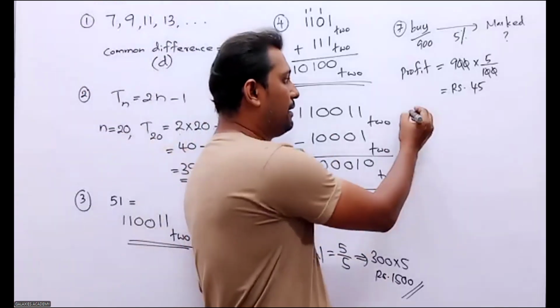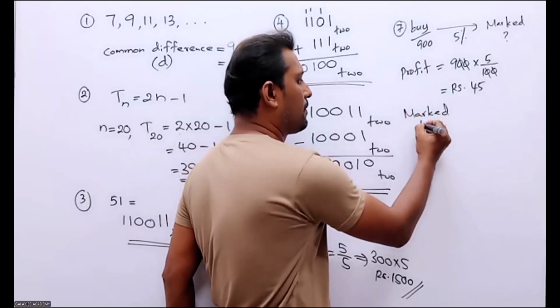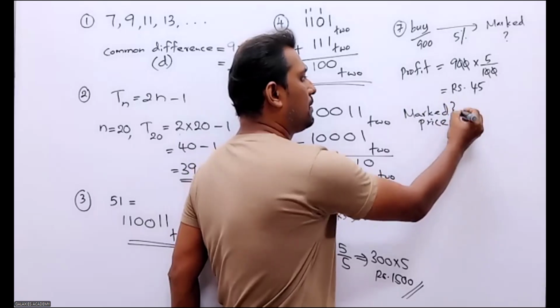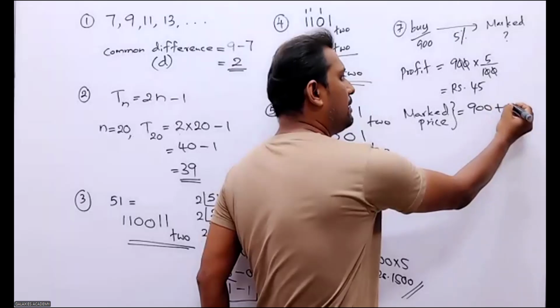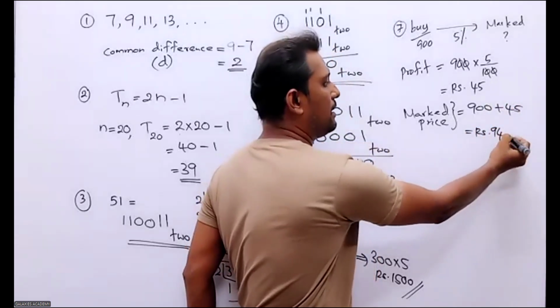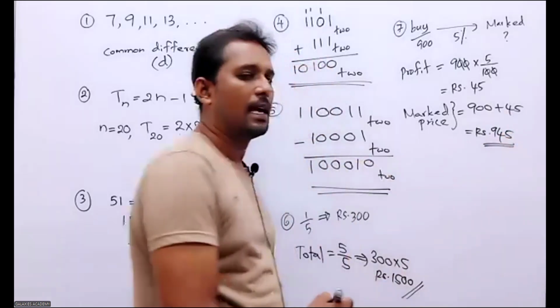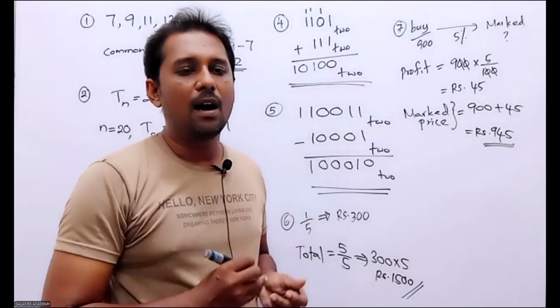Then you can find the mark price. How can you get it? Buying price plus profit. So what is the answer? 945 rupees. It is the mark price.